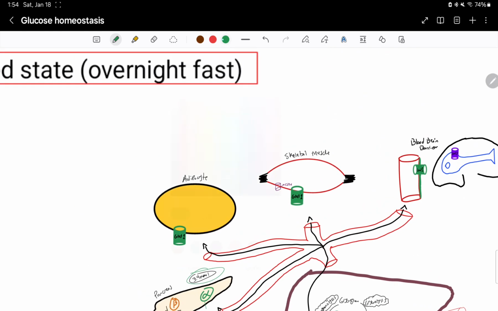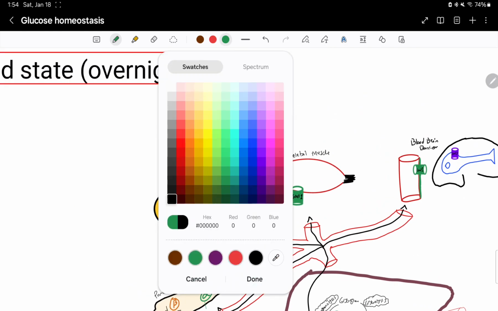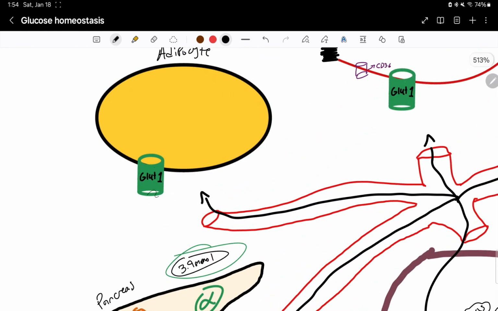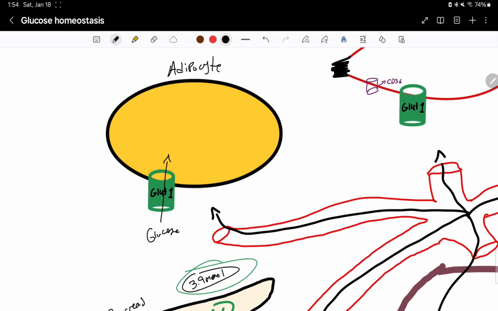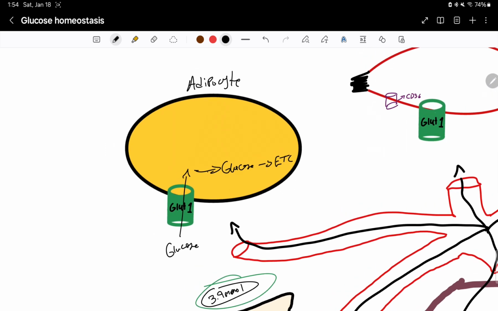Well, you guys know that all of these tissues are capable of taking up glucose. So for example, here's glucose. It goes through these GLUT1 transporters at a basal scenario. And that glucose, for example, can be used for energy, okay, by this adipocyte.